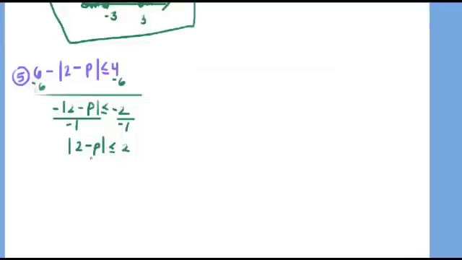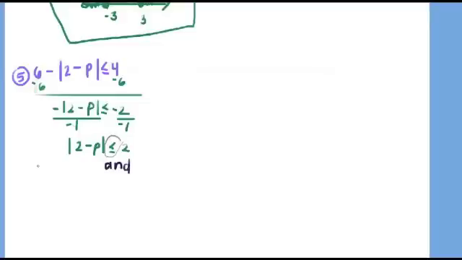And so now I've gotten rid of everything around the absolute value, so I can continue with the problem. So let's figure out what kind of problem it is. Looking at my inequality symbol here, it's the absolute value of 2 minus p is less than 2. So it's an and problem.